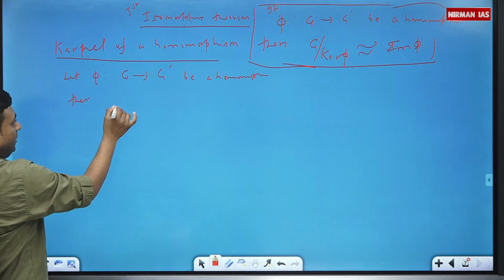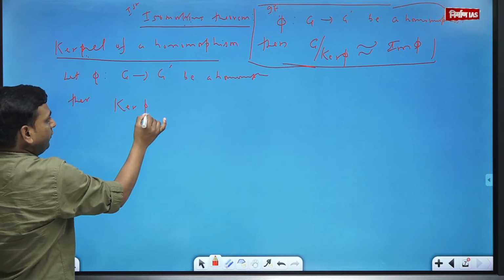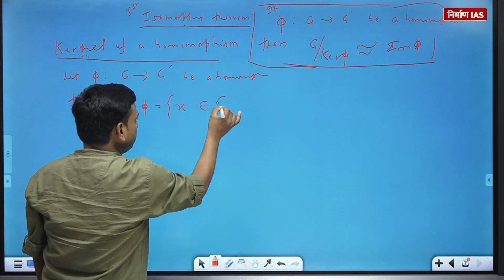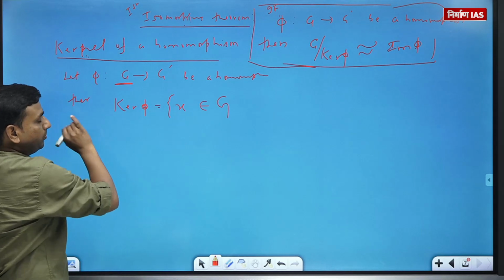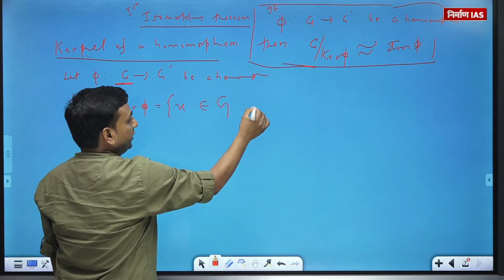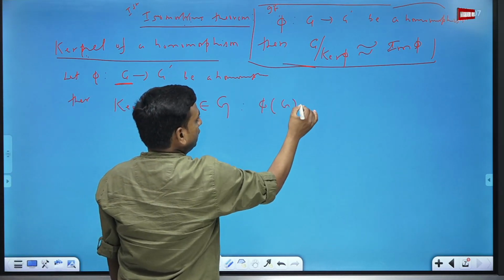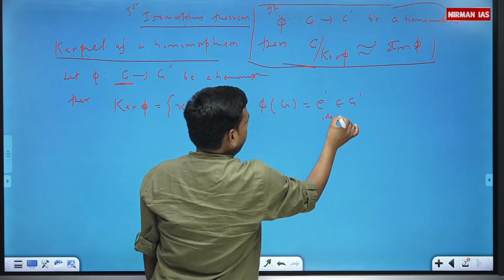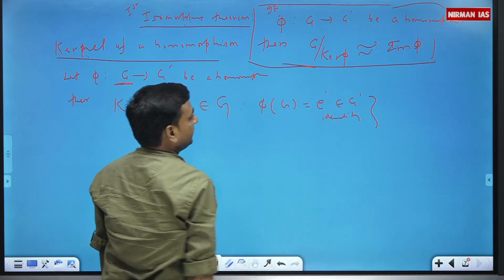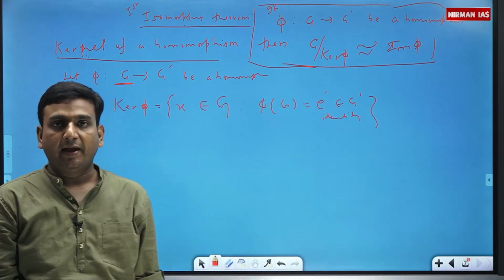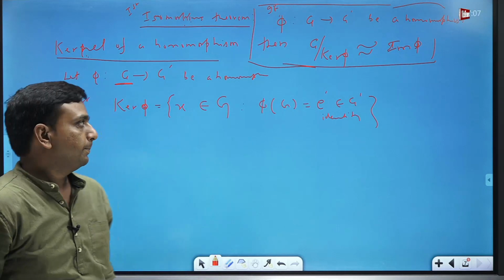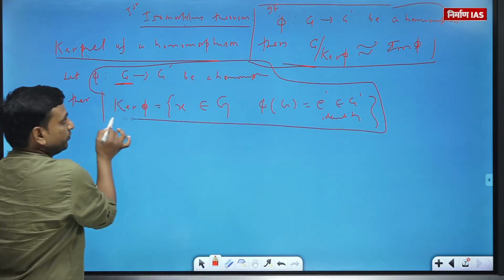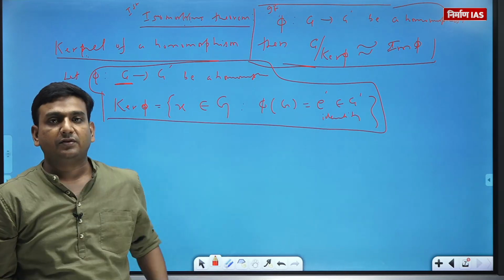Then kernel of phi is the collection of all those elements of this group or domain part which are mapped to identity element of G dash by the map phi. Please do remember the definition and don't miss the words.